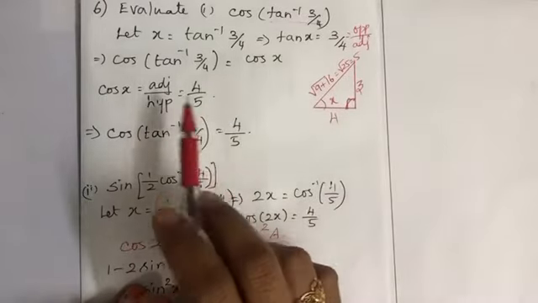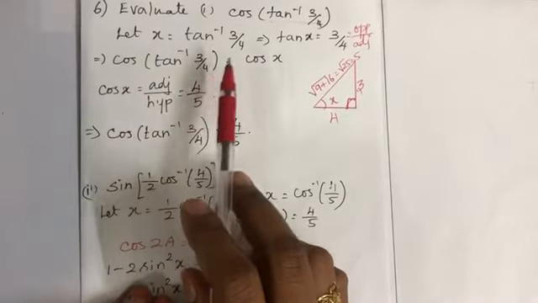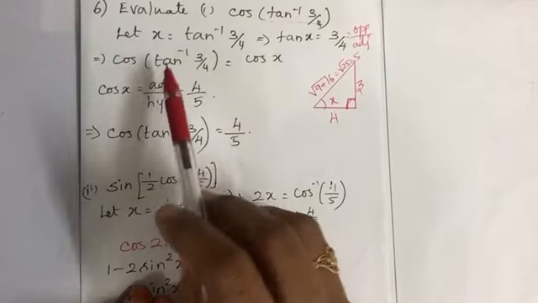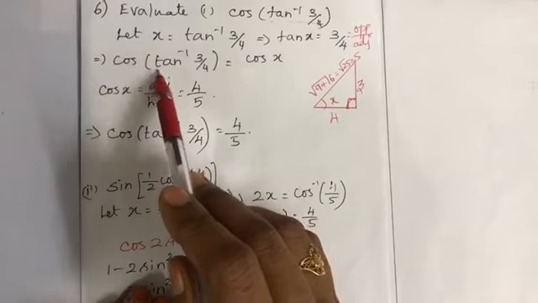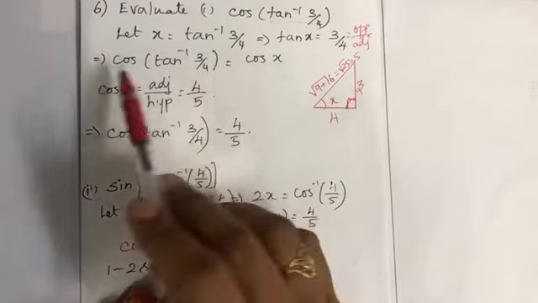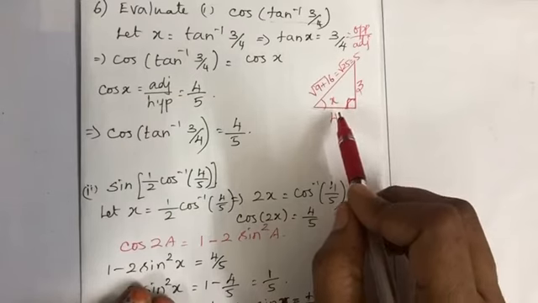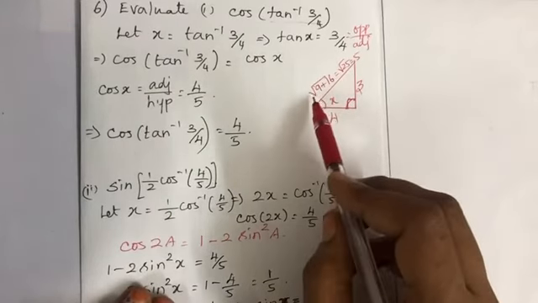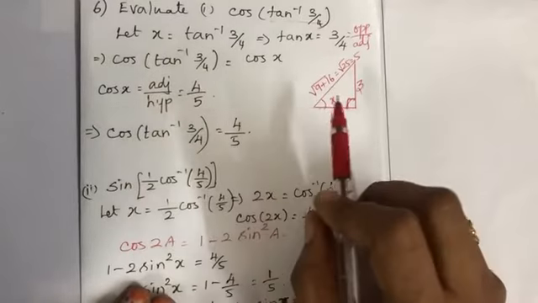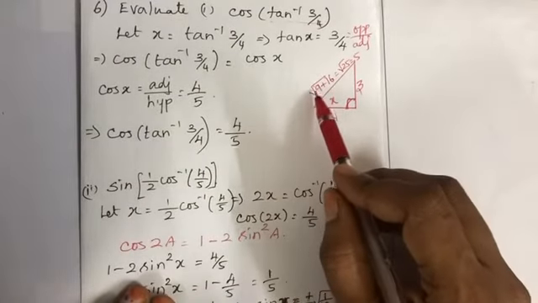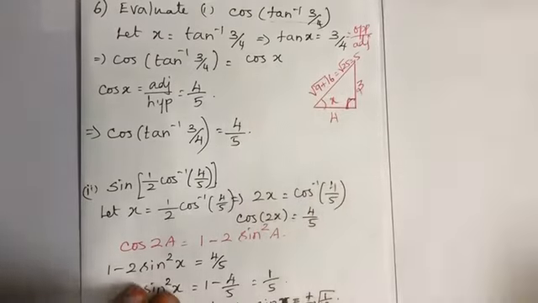Now cos of tan inverse 3 by 4 is equal to cos x, because we take this expression as x. So here it is 3 and it is 4. We have to find the hypotenuse. To find the cosine value, we need the hypotenuse. So square root of 9 plus 16, that is 3 square plus 4 square, that is equal to 25.